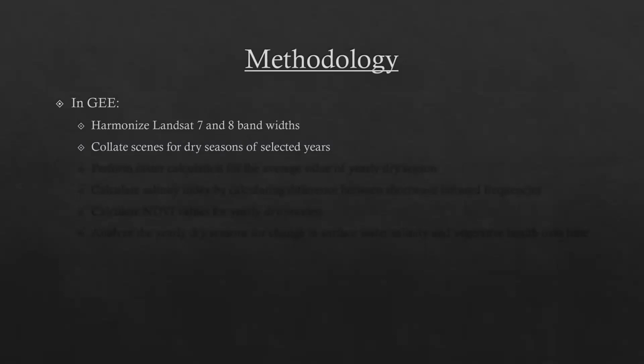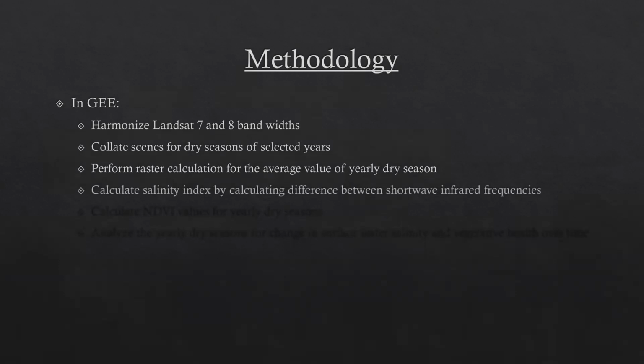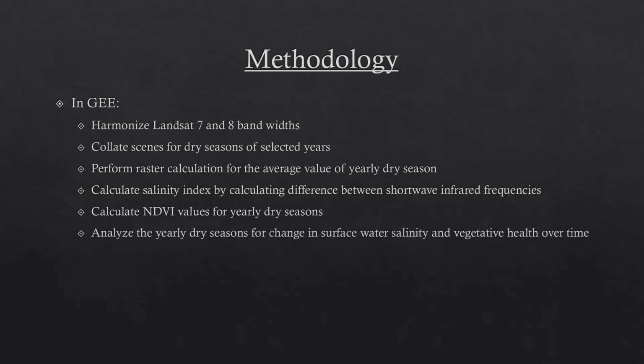I will collate scenes for dry seasons of the selected years and perform a calculation so I can create an average value that I can associate with that year, trying to cut down on weather inconsistencies. And then calculate a salinity index with the difference of the shortwave infrared frequencies, generate NDVI values from the yearly dry season maps, and then create change over time analysis.